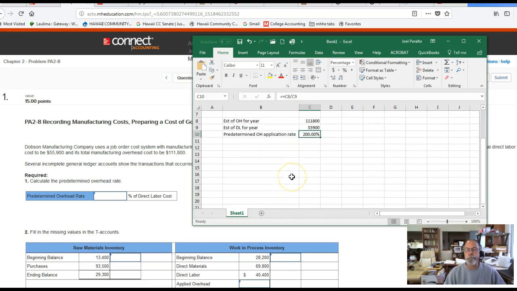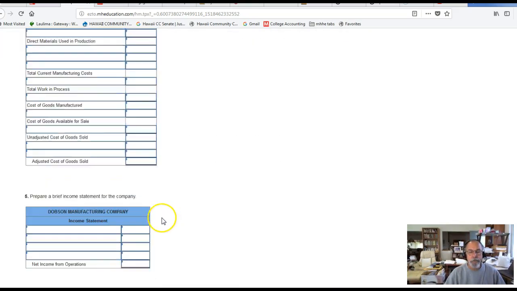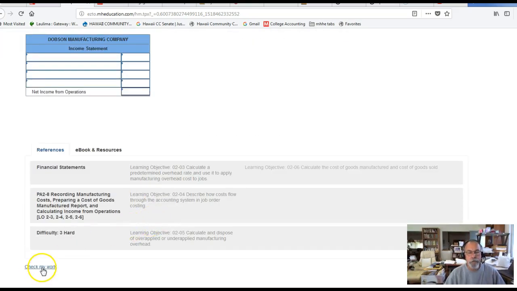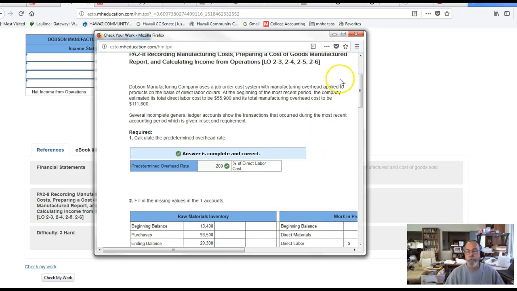Okay, great. And so we'll want to put that in, 200% of direct labor costs. And as we have done throughout working through these problems, we want to do a quick check my work, see that we're okay, and we are. So we can move on.